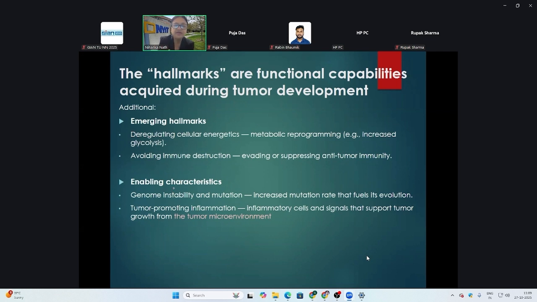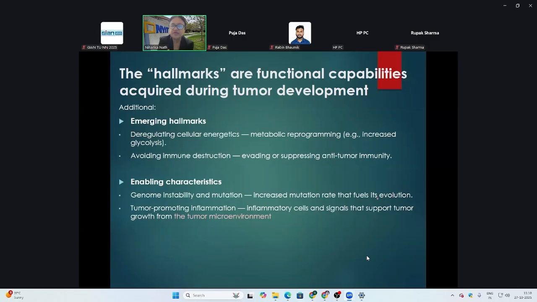Well, enabling characteristics means that the cancer cell is getting smarter and smarter, and all it's doing is undergoing certain mutations, and it's going to evolve. So with an increased mutation rate, they're going to have even more mutation that fuels its evolution.